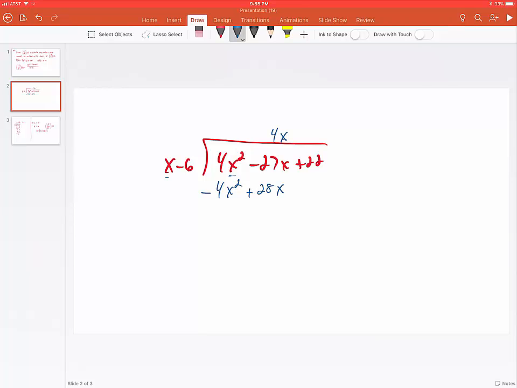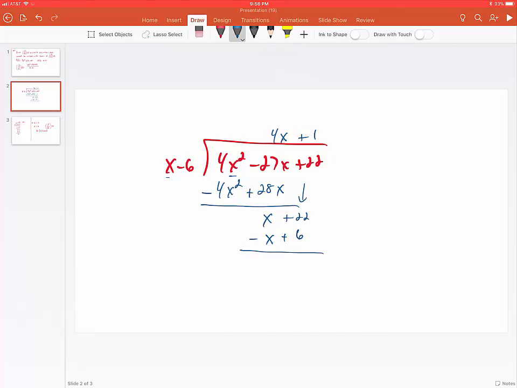Since I have to change the signs, my positive 4x squared becomes negative, and my negative 28x becomes a positive 28x, which gives x. Then I bring down the 22. x divided by x is 1. So 1 times x is x, and 1 times negative 6 is negative 6. Again I change the signs, so my remainder here is 28.